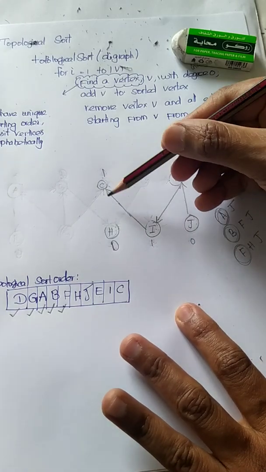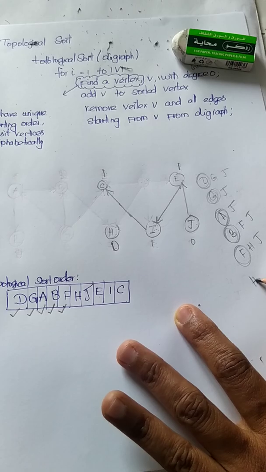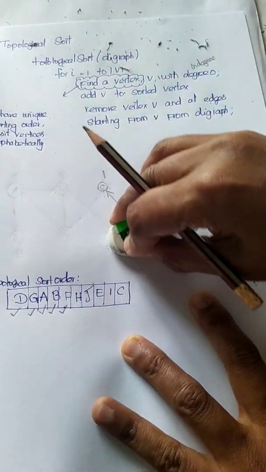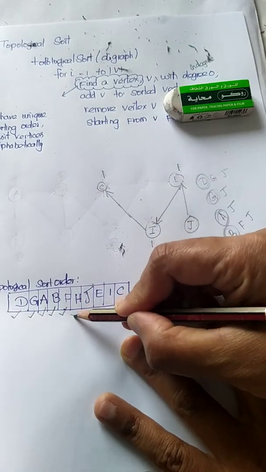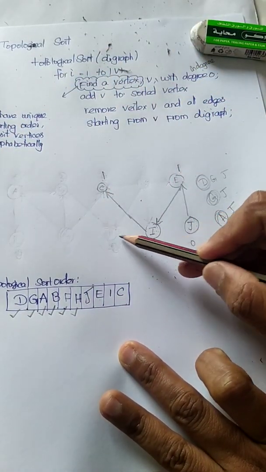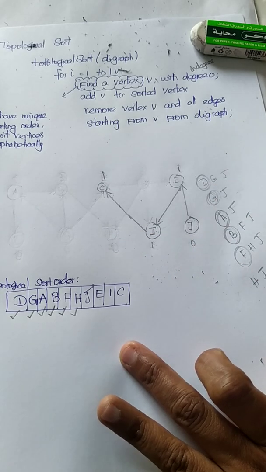Fine. Find out which vertices having in degree 0. Only H and J. So remove H and visit H also. Okay. There is no edge coming out of H. Fine, no problem.